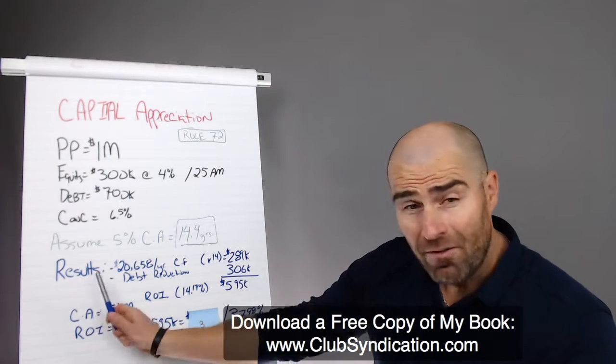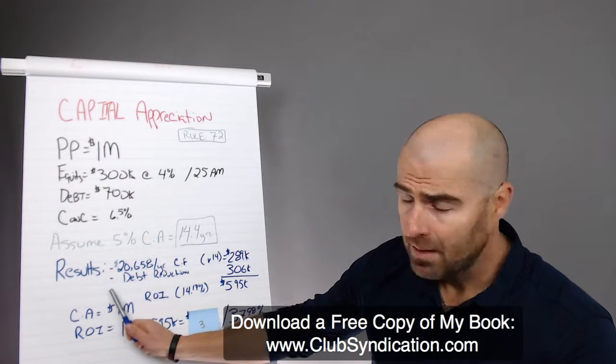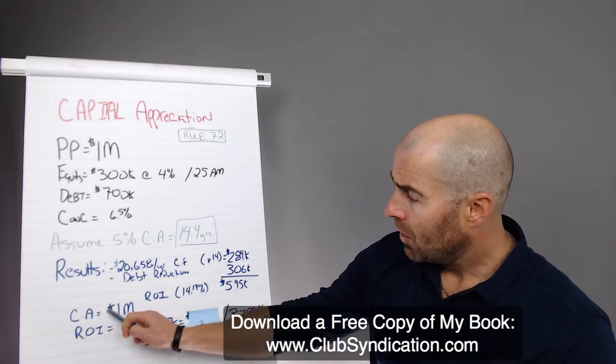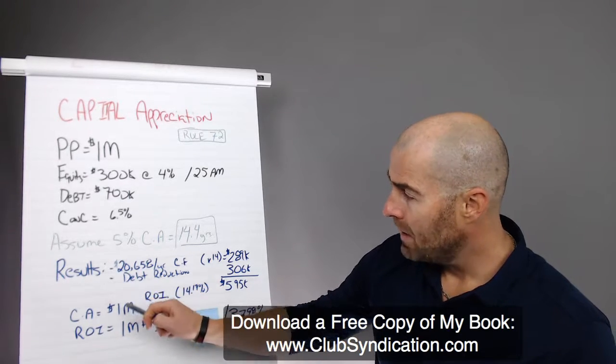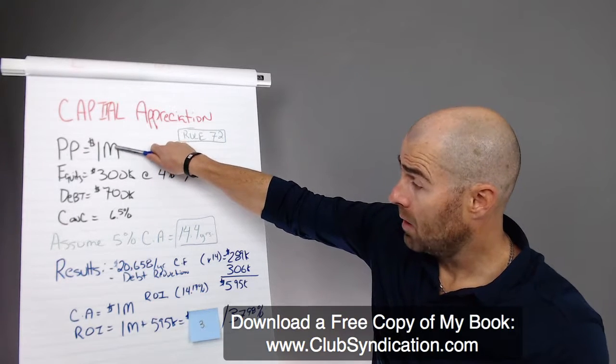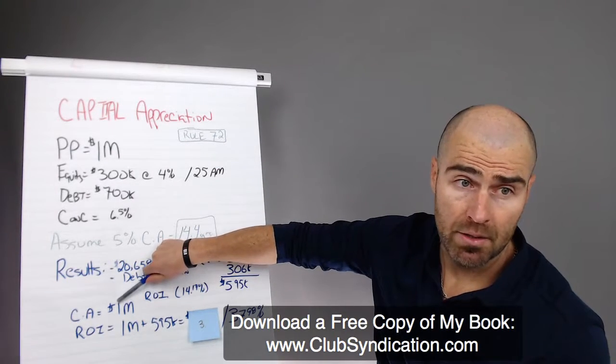Now, if you factor in capital appreciation, and that's why I did this line item separately, your capital appreciation is going to go up $1 million, right? Because we bought a $1 million property. The property is going to go up $1 million, so it's going to be worth $2 million.